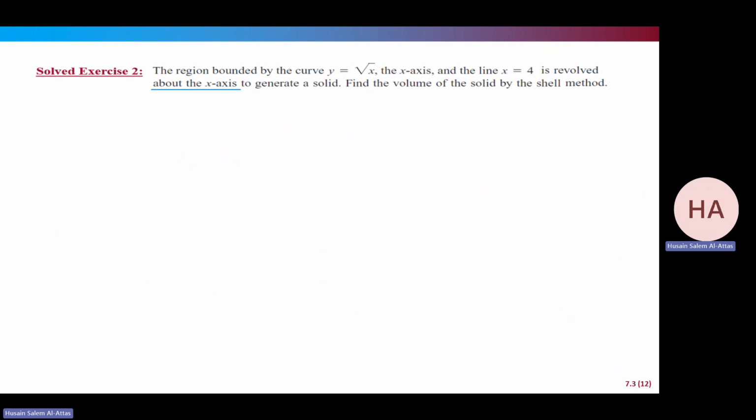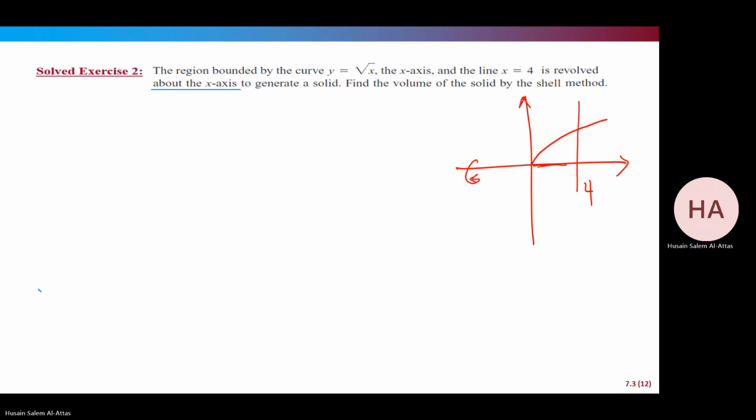Okay, let me do more problems. The region bounded by this curve, the x-axis, and the line is revolved about the x-axis to generate a solid. Find the volume of this solid. Okay. Let me graph the curves. I have y equal to root of x, the x-axis, and the line x equal 4, which is revolved about the x-axis.